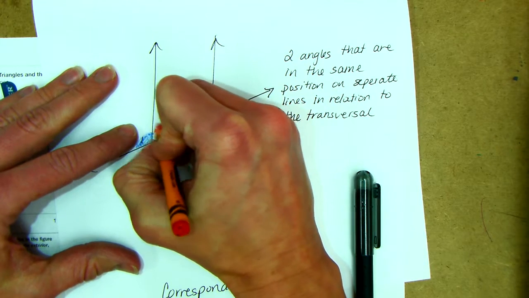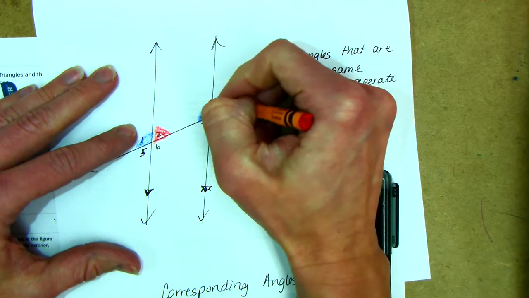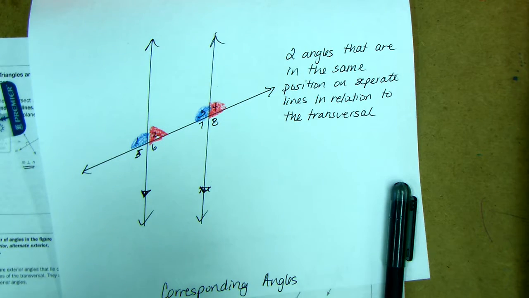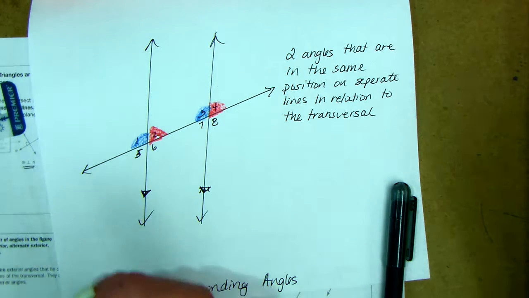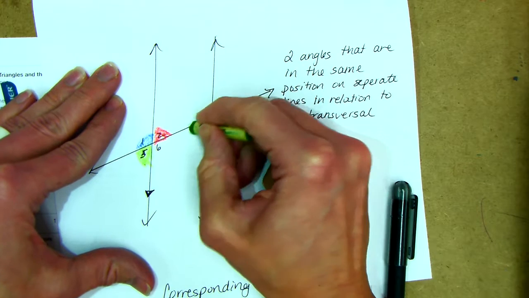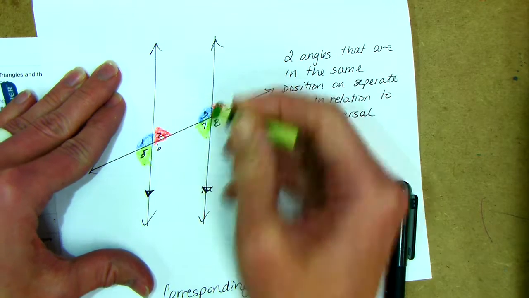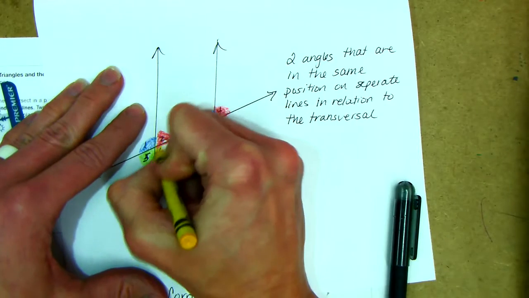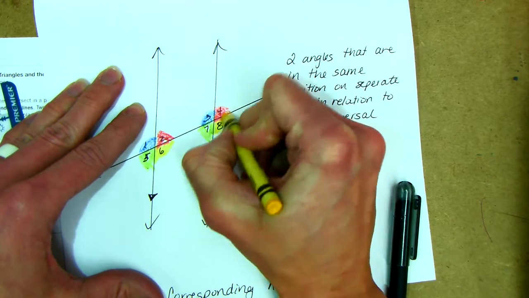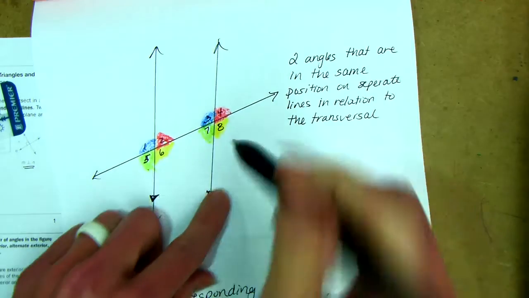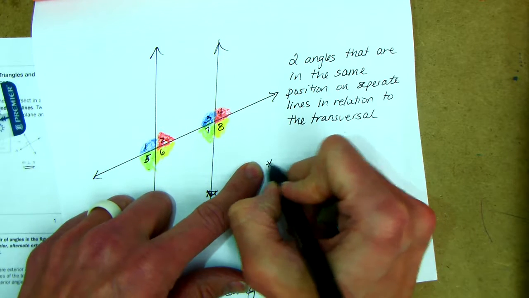Angle 2 and angle 4 are in the same position. Angle 5, running out of colors here, and angle 7 are in the same position. And then the last set here, 6 and 8 are in the same position. All right, and again, if our lines are parallel, what can you guess?